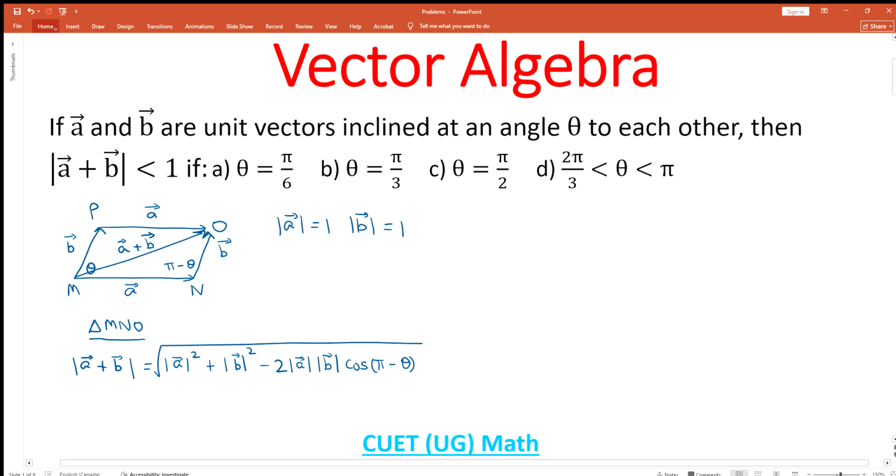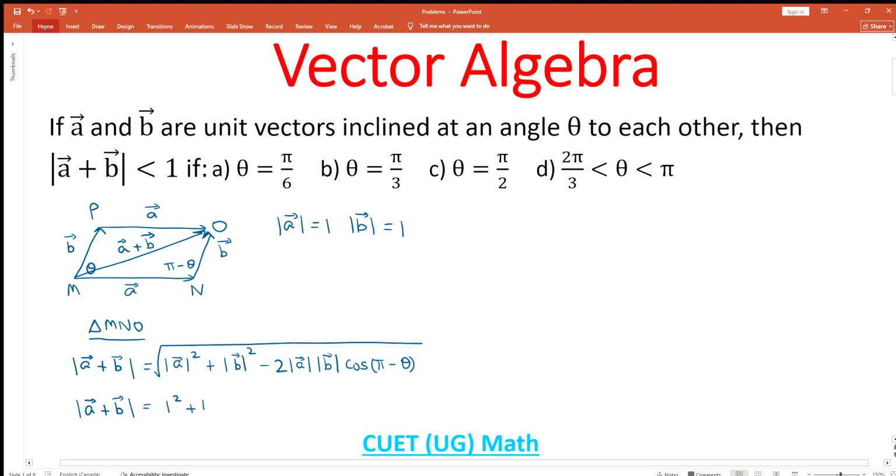Because in triangle MNO, the length of side MN is magnitude of vector A and length of side NO is magnitude of vector B. Now we can simplify the expression under the square root. Magnitude of vector A is 1.